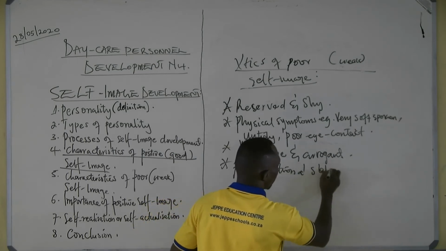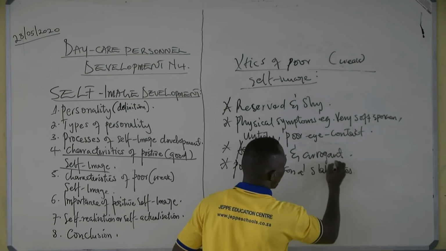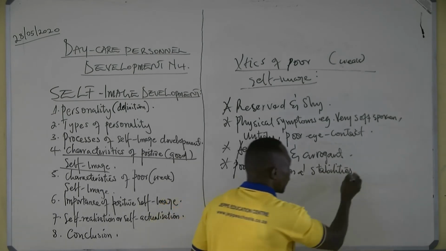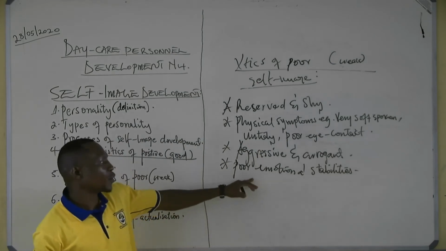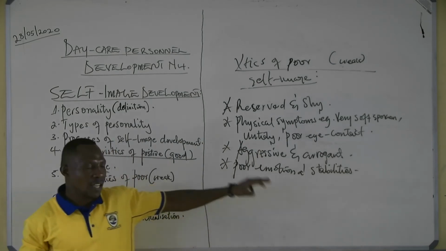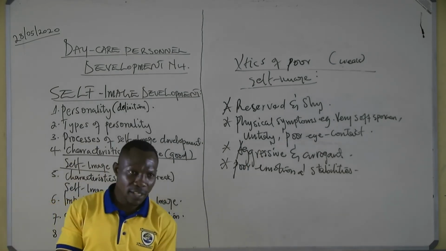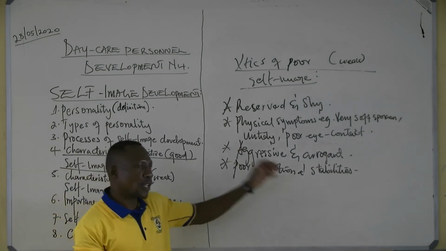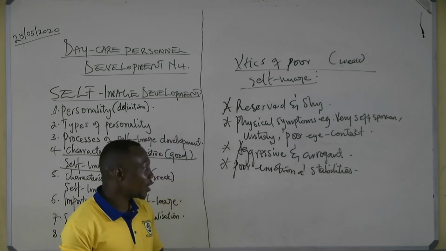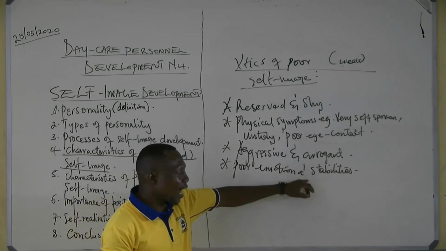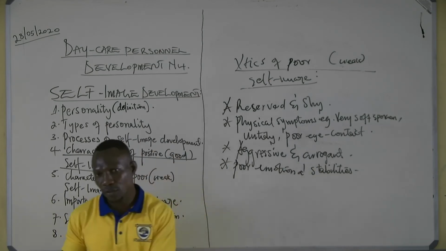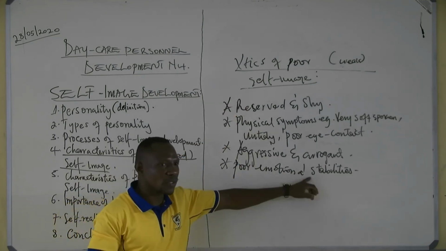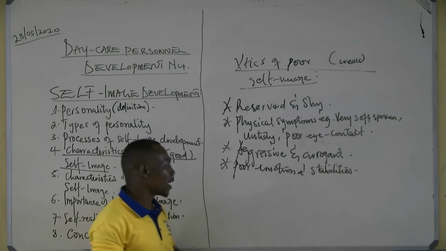Another characteristic here is poor emotional stability. This person is seen to be having poor emotional stability in the sense that he or she does not regulate his or her emotions, especially the extremes of his emotions.